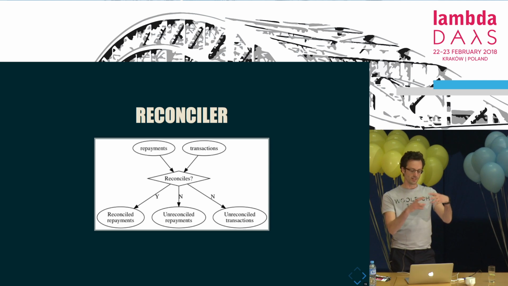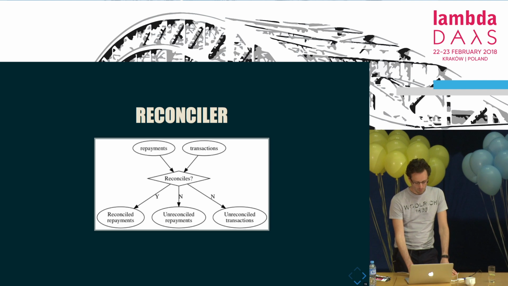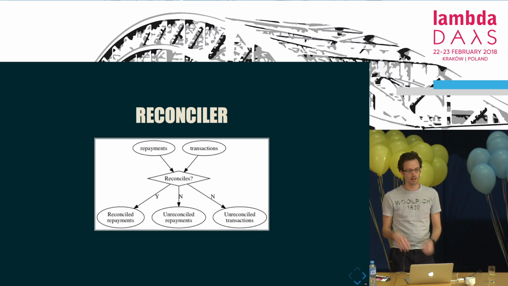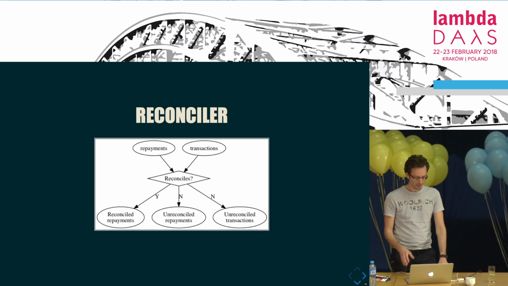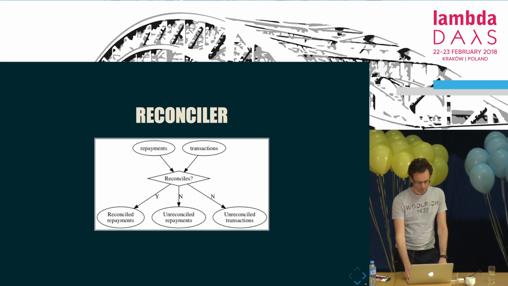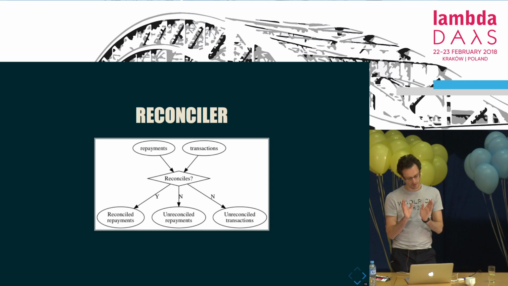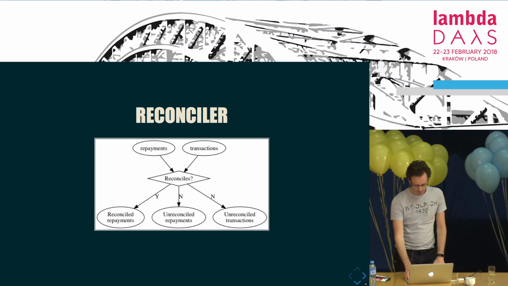So you put them together and then you output them. When they don't reconcile, you output the repayments and the transactions separately as unreconciled. So that's how a simple pipeline would look. You have 2 input topics, and then you have 3 output topics for the actual result.